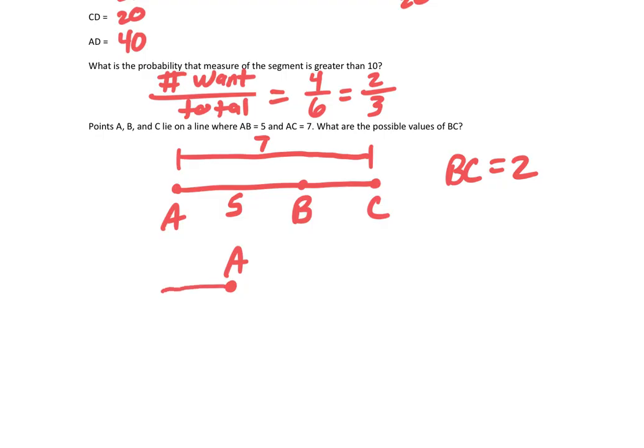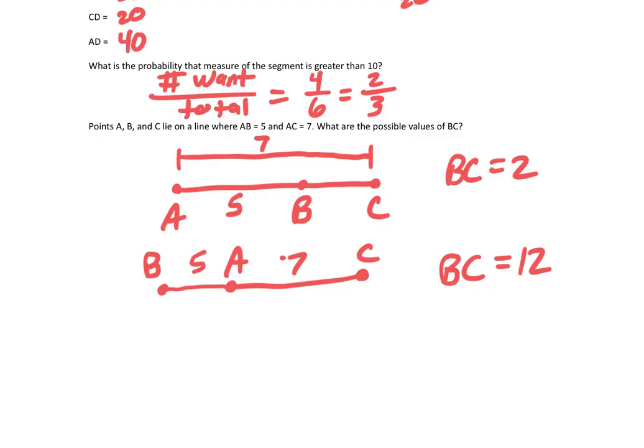I could go A to B. And I could go A to C. If A is in the middle, that means we could go to B here and C here. Now, what would the length of BC be? Close. Yep. 12. Okay. 7 plus 5.